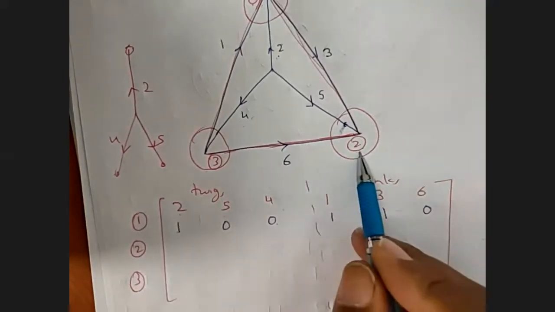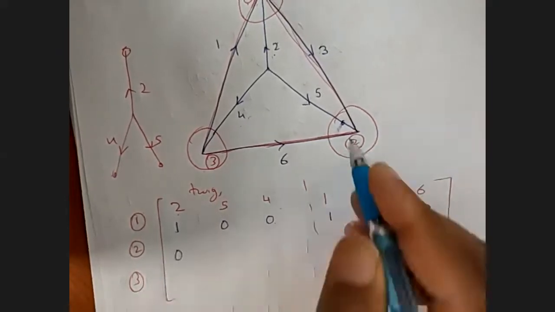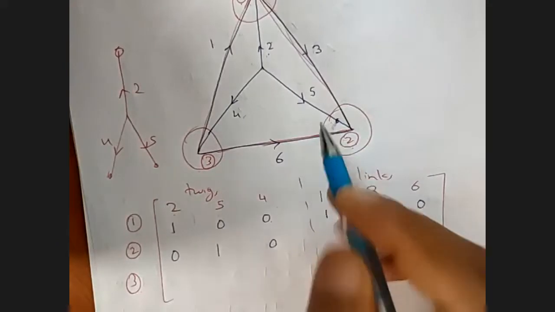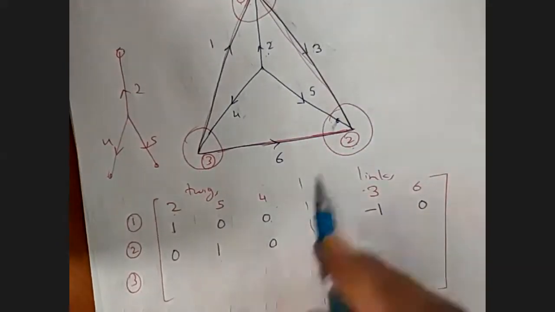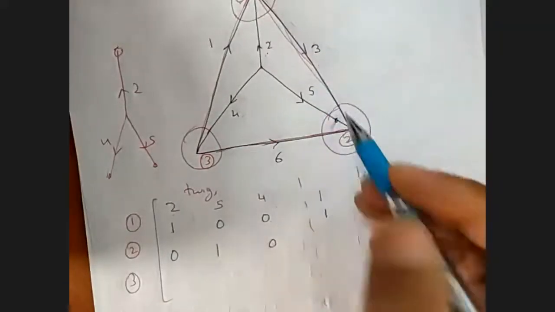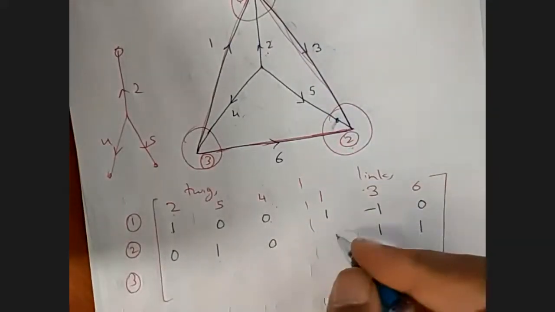For this 2, 5 is incoming, so it will be 1 0. 6 is incoming, so it will be plus 1. 3 is also incoming, so it is also 1.